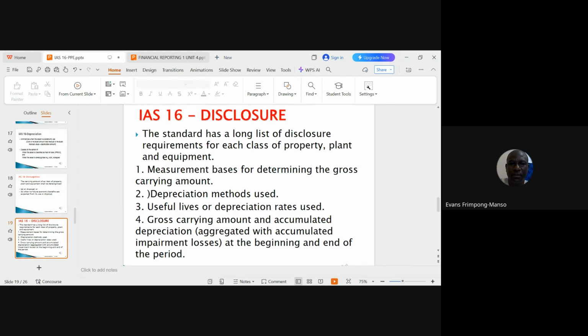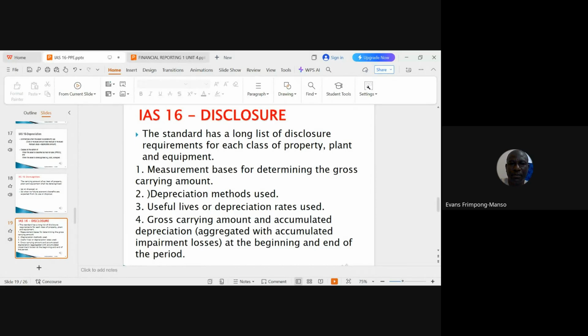You should also show the accumulated amount of depreciation at the beginning and at the end of the period. So the depreciation at the beginning, the amount you provided during the year, and the amount at the end of the year should all be disclosed.